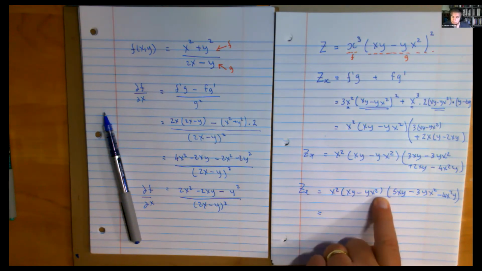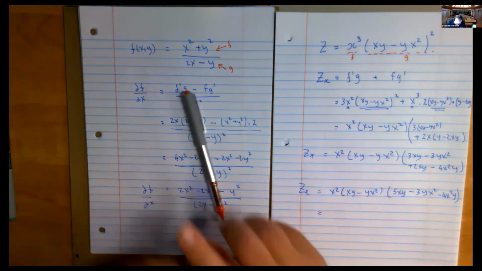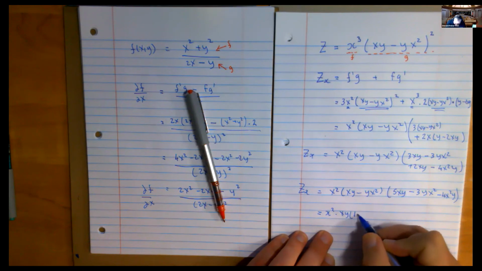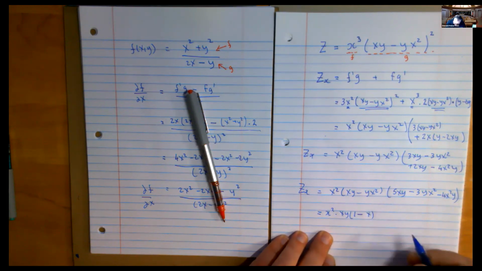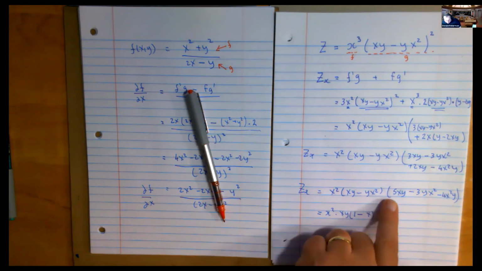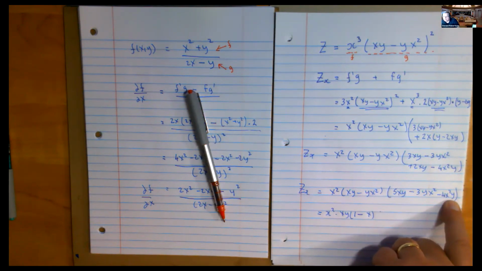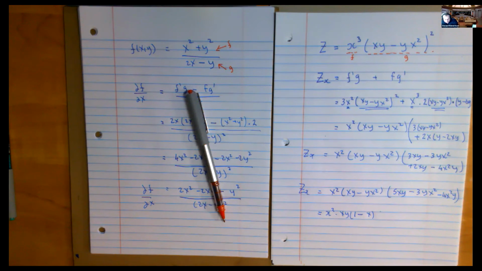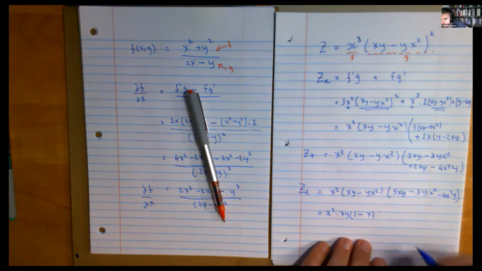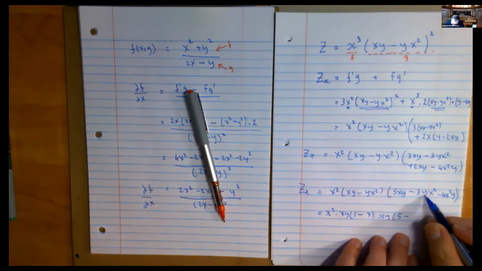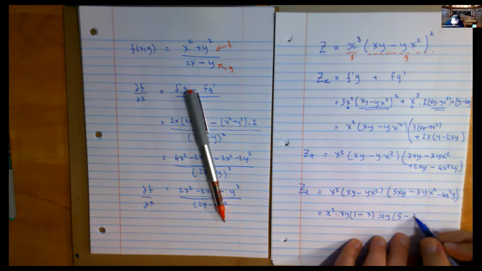Agreed? So let's pull it out. That'll leave me with 1 take away x. Then 5xy minus 3yx squared minus 4x squared y. Is there anything we can pull out of there? 1x and 1y. So we'll pull that out, and that'll leave me with 5 take away 3, use that or use that, so take away 3x.